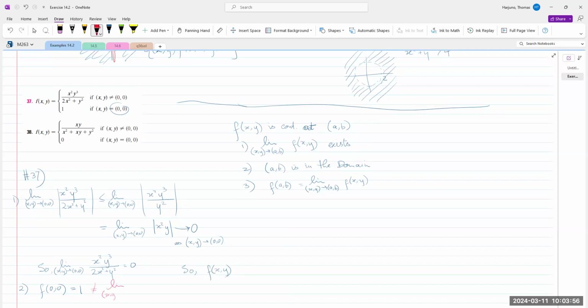So the limit exists and (0,0) is in the domain, but because they are not equal, it is not continuous at (0,0).